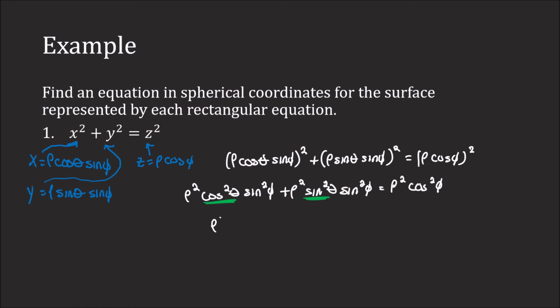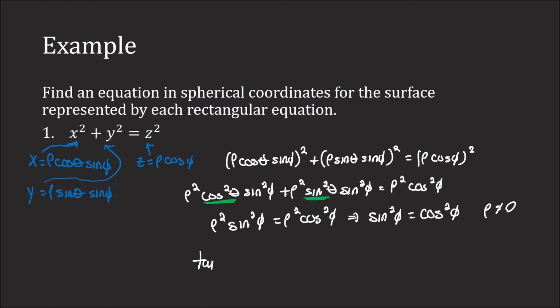So this winds up being rho squared sine squared of phi is equal to rho squared cosine squared of phi. This gives sine squared phi has to equal cosine squared of phi with the restriction that rho cannot be 0. And again, that's a pretty safe restriction if we think of rho as a radius. And this will give us that tangent squared of phi has to equal 1 and rho cannot be 0.